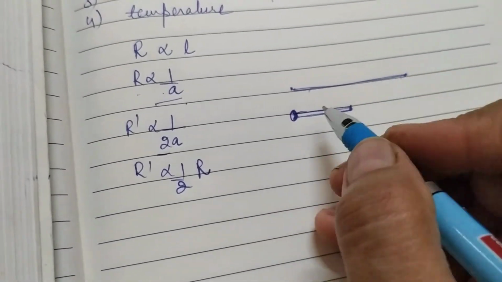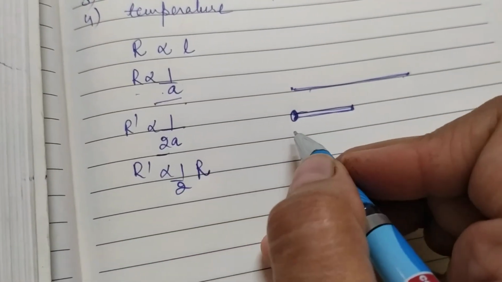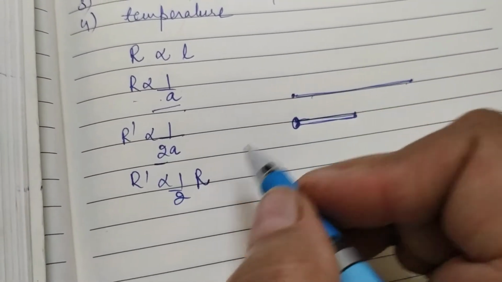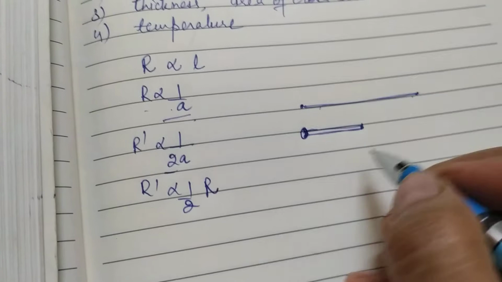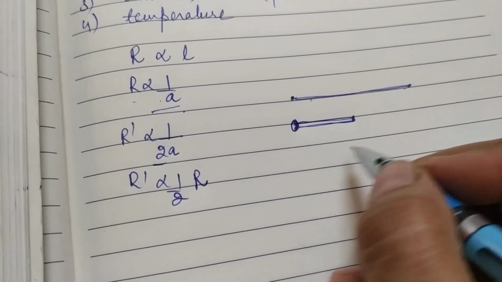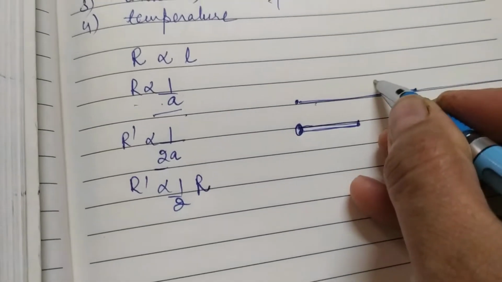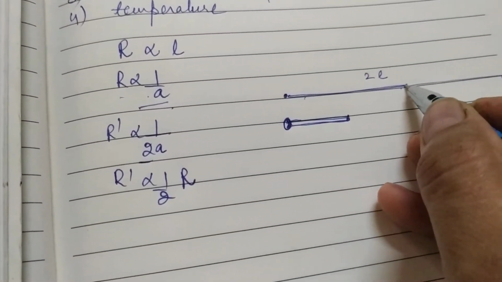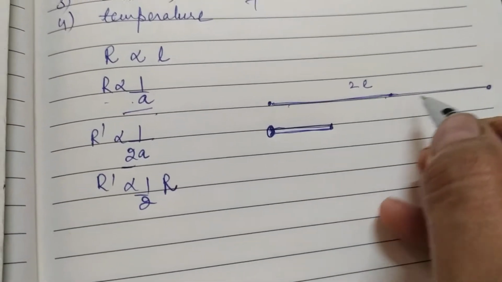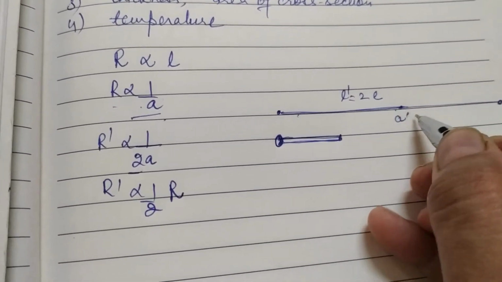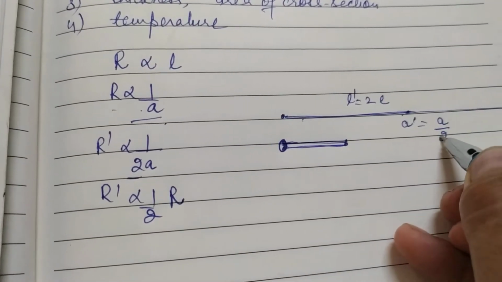Similarly, if it is tripled on itself, then the area will be 3 times the previous area. And similarly, the opposite questions are asked. What will be the resistance if the wire is stretched to twice its length? If length becomes 2 times, then area also gets decreased. It will become a thinner wire. Then the new area will be equal to half of the previous area.